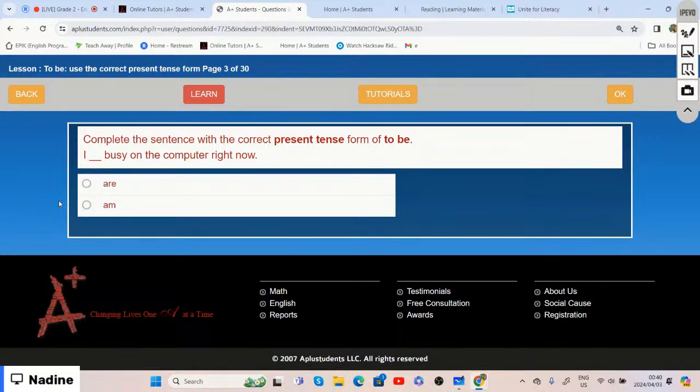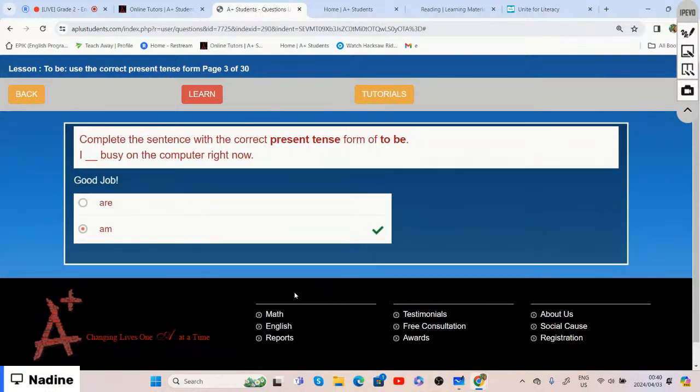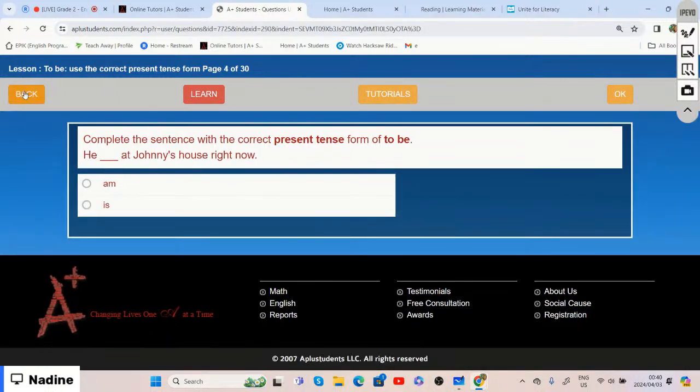All right, and if we choose the correct one, then we can say I am busy on the computer right now. So well done. Am is correct.